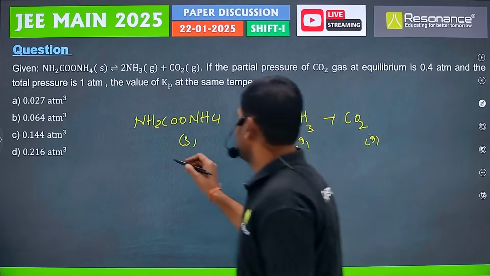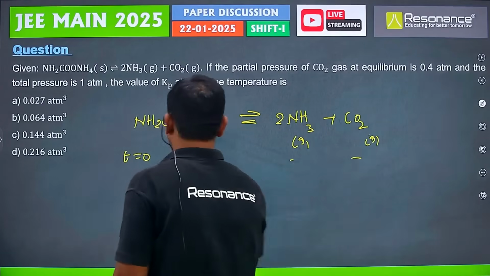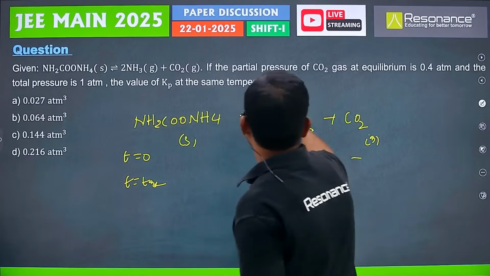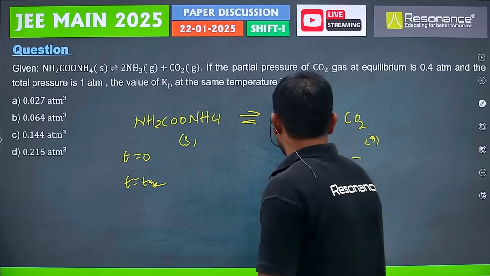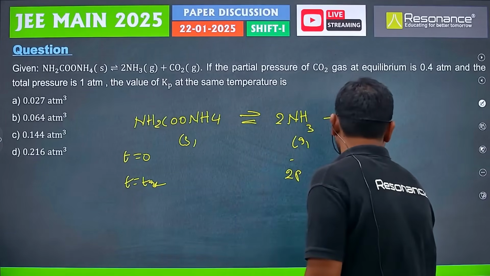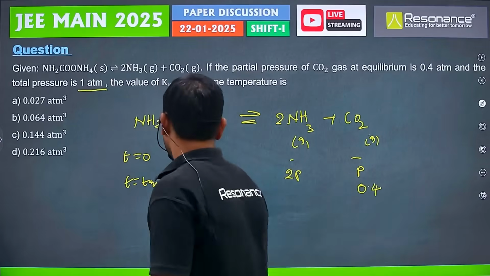Same, you can write: at T equal to 0, no equilibrium, am I right? At equilibrium, what do they mention here? At equilibrium you can write 2P and P. CO2 they gave here as 0.4, and total pressure P is 1 atm.